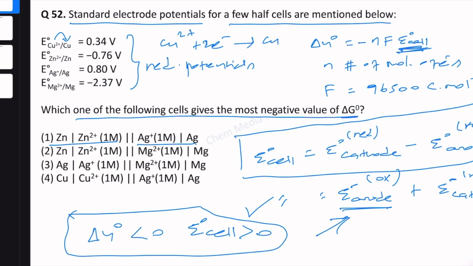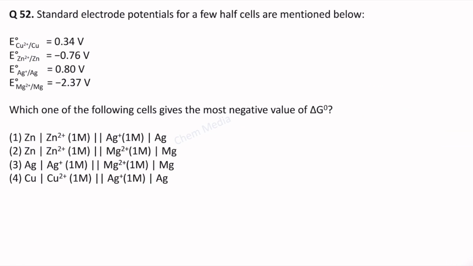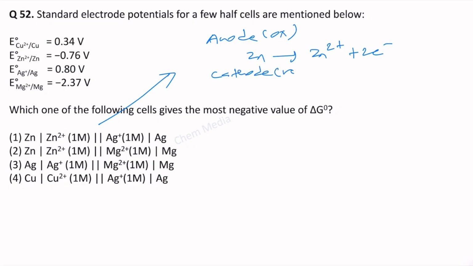But the thing is, if you write the net reaction, for example for this cell, at the anode oxidation happens. No matter what the cell, it is always anodic oxidation and cathodic reduction. So, zinc losing 2 electrons and becoming zinc 2 plus. At the cathode, reduction happens.